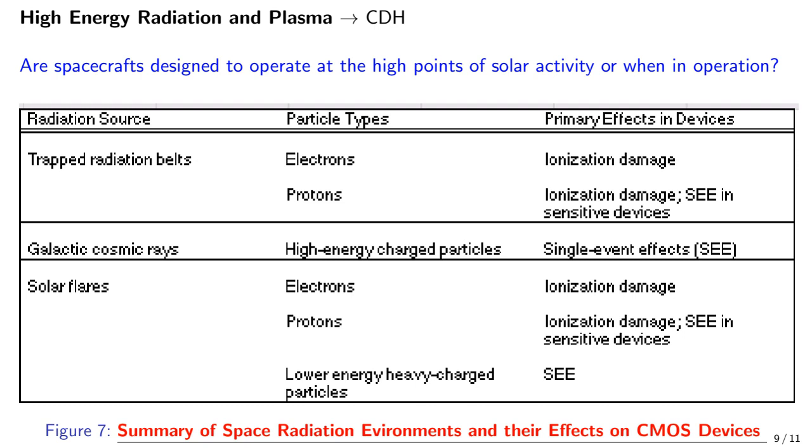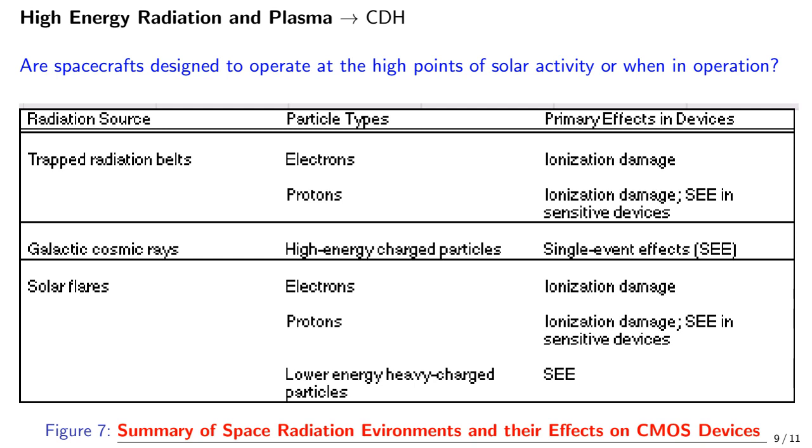Okay. And what are the primary effects in devices? Remember, I said this will be affecting your CDH. You have effects such as ionization damage. You have your sensitive devices. The SEEs will be ionized actually.